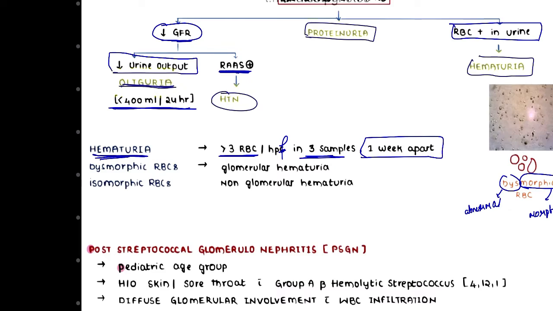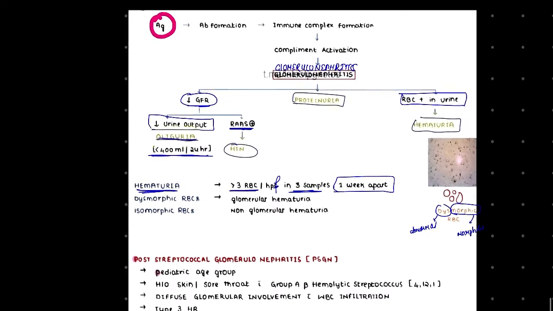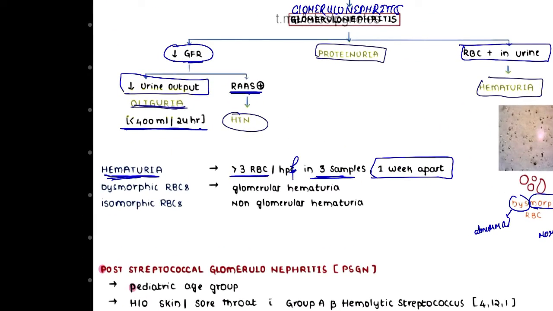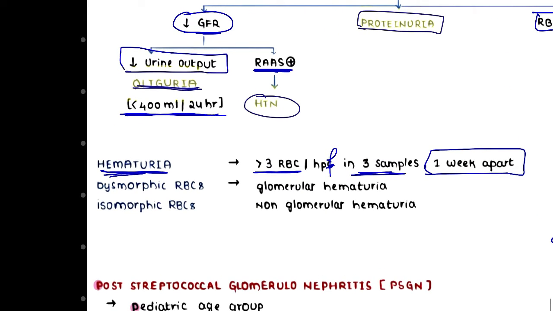In order to be called hematuria because of glomerulonephritis, we'll find a greater than 3 number of RBCs in high power field in 3 samples, taken 1 week apart. Similarly, we talked about dysmorphic RBC. Dys means abnormal shaped, abnormal morphology RBC, and this occurs because of glomerular hematuria, or while passing through inflamed glomeruli.